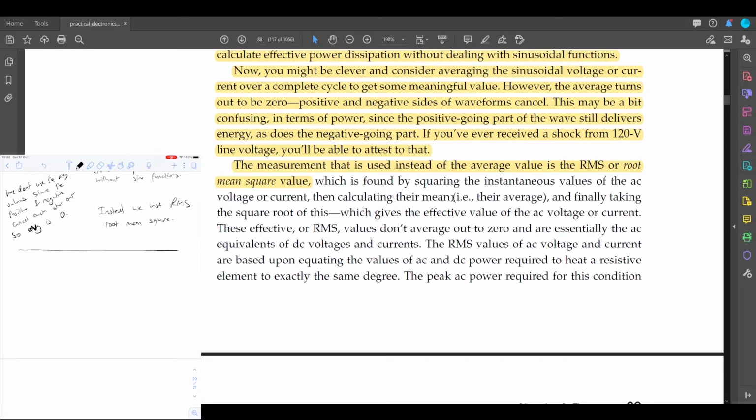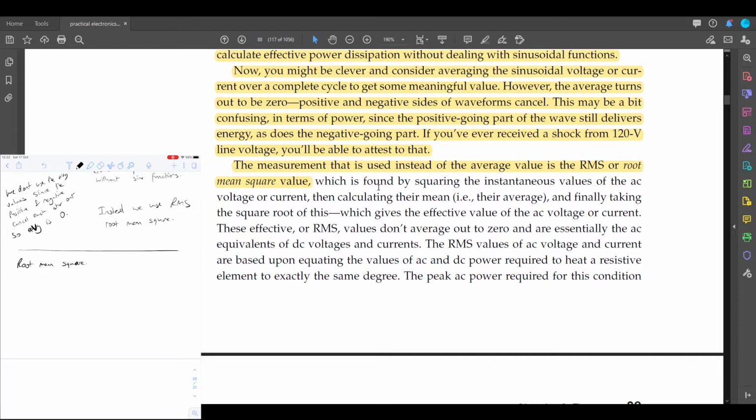All right, so the measurement that is used instead of the average value is the RMS, root mean square value. Okay, so root mean square. And this is found by squaring the instantaneous values. Instantaneous meaning each individual value, right?